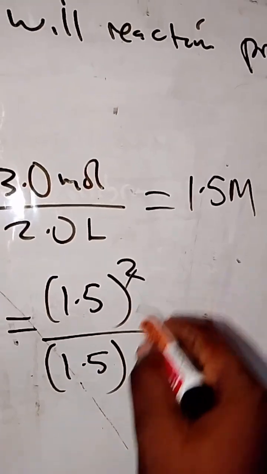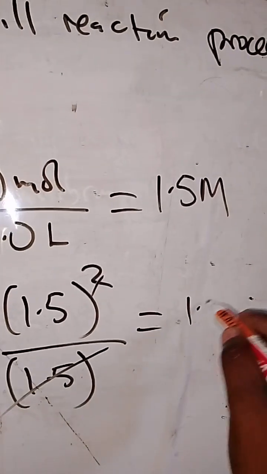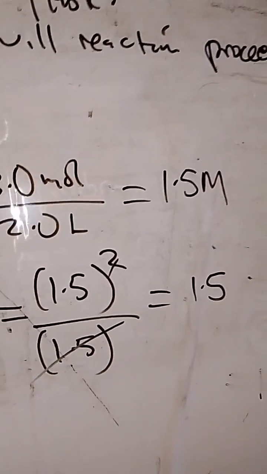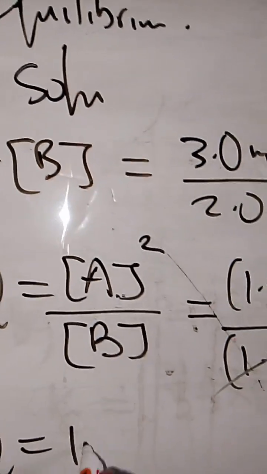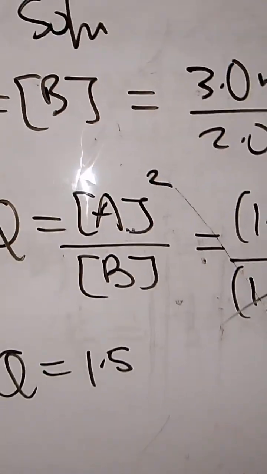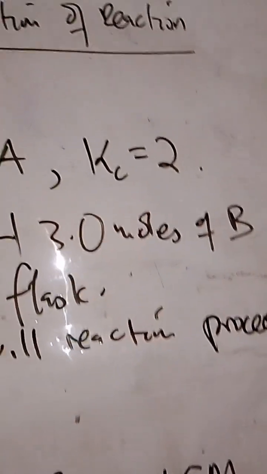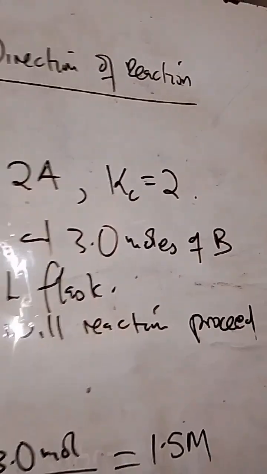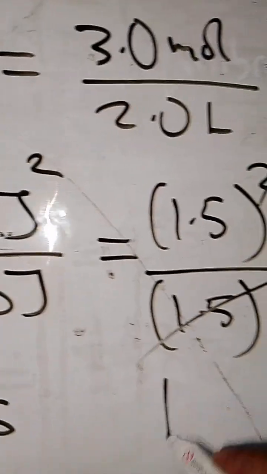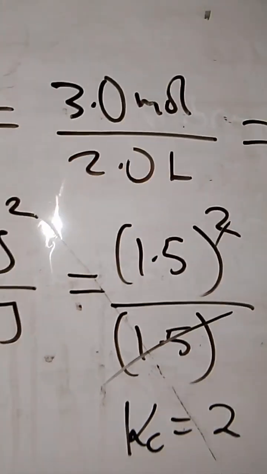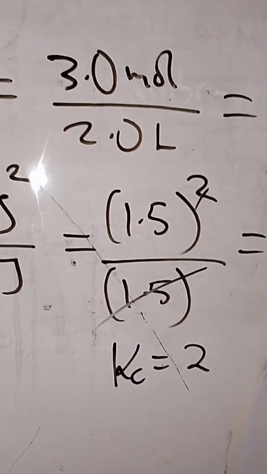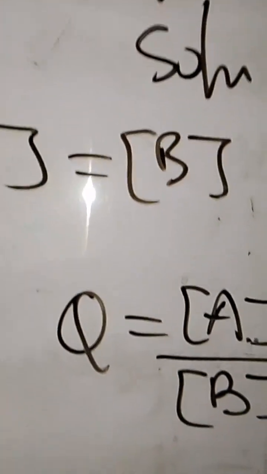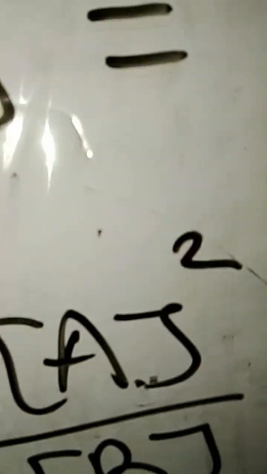So we can cancel that, which is equal to 1.5. So in this case, our Q is equal to 1.5. Now let's compare with the value for Kc, which is equal to 2.